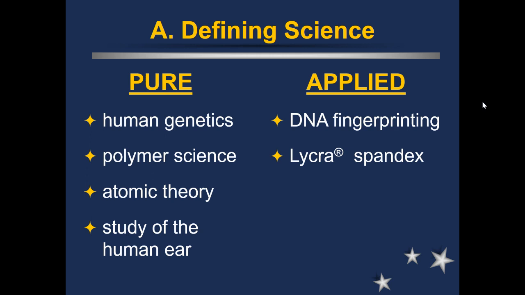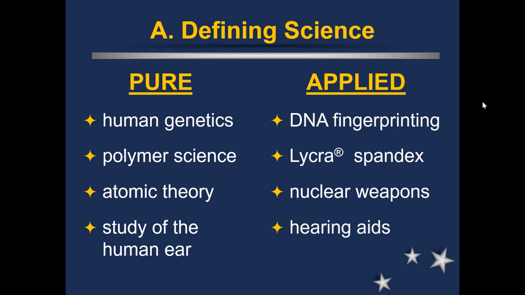It stretches, it expands. Lycra is one of those fabrics. Atomic theory can be used for many applications, nuclear power, but most people remember atomic theory and radiation when they think of atomic and nuclear weapons. And I think everybody knows someone that uses and benefits from a hearing aid.